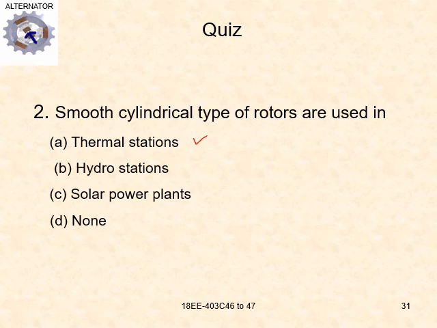Previously we saw hydro is for projected poles type, and smooth cylindrical is used for high speeds, that is thermal stations. It is thermal power stations that is the right answer.